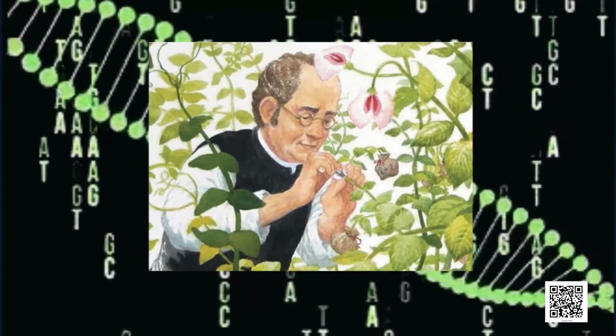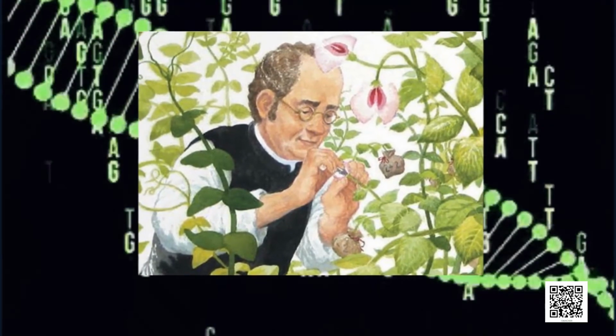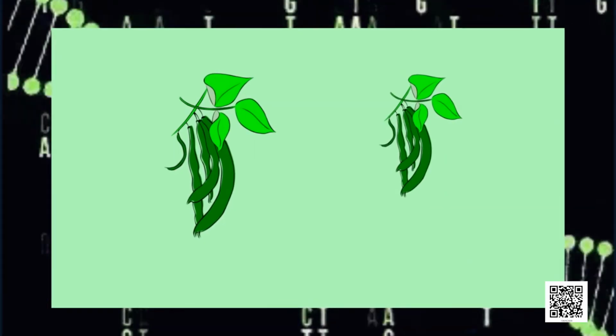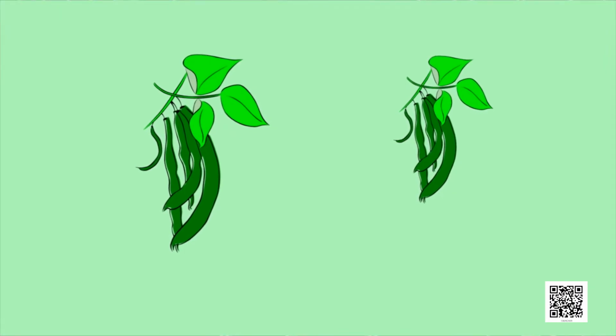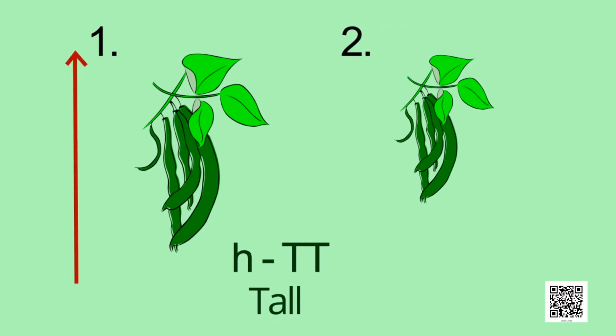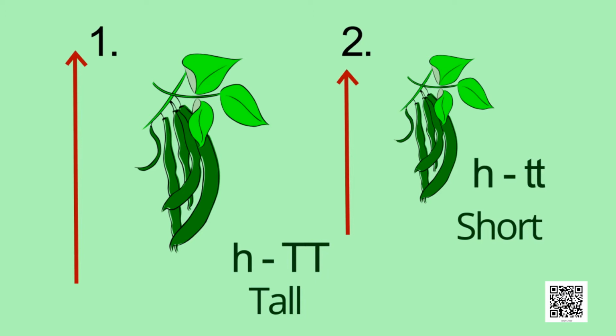Mendel used a variety of different kinds of peas with contrasting visible characters in his experiments. In his first experiment, he took pea plants with different characteristics, a tall pea plant and a short pea plant.